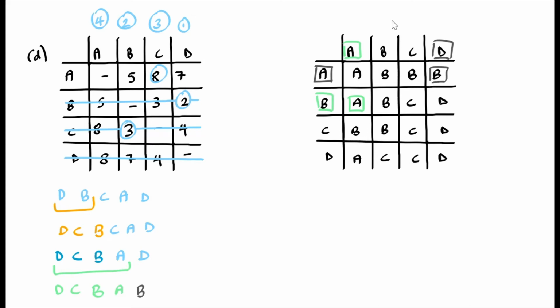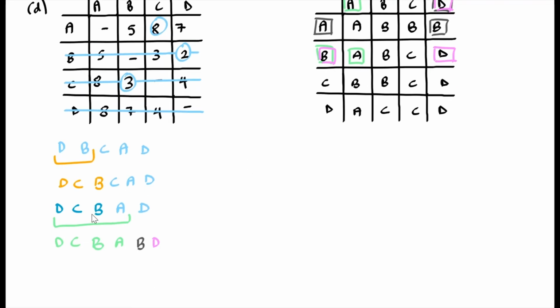And then once we're at B, if I grab myself a different colour, once we're at B over here, we wish to go back to D. The way we can do that is go to D directly. Okay, so this over here is our route, so hopefully that makes sense. So that's our route.